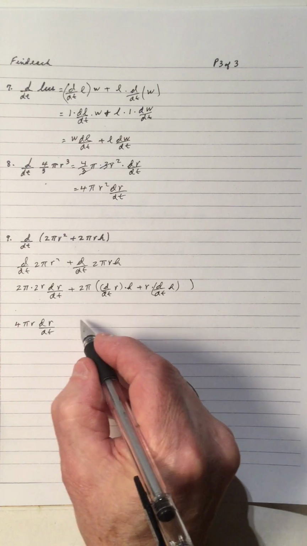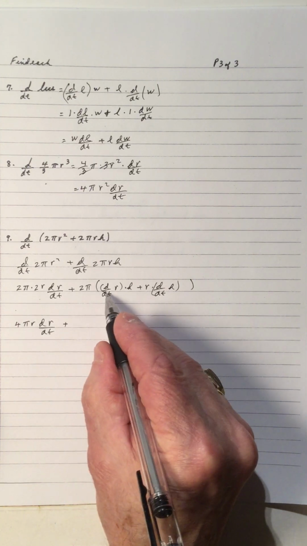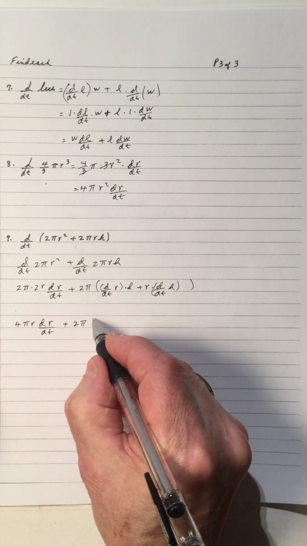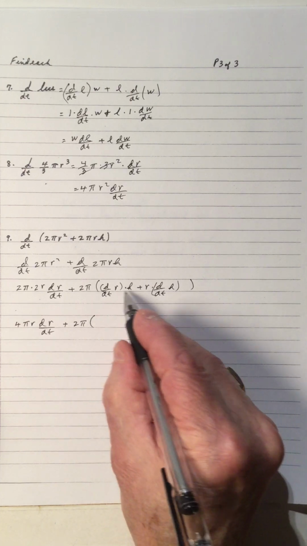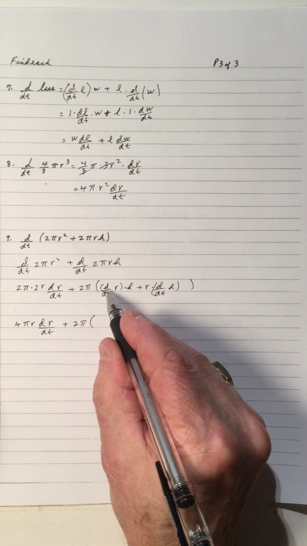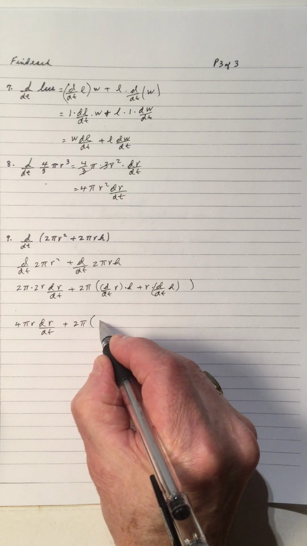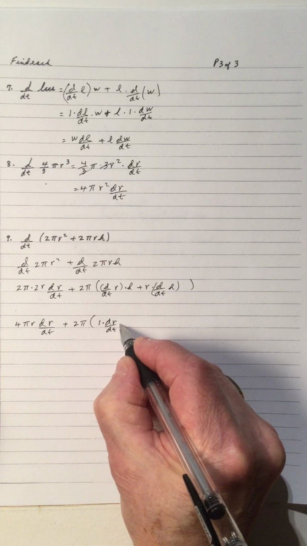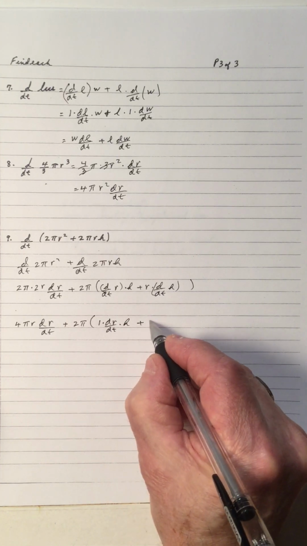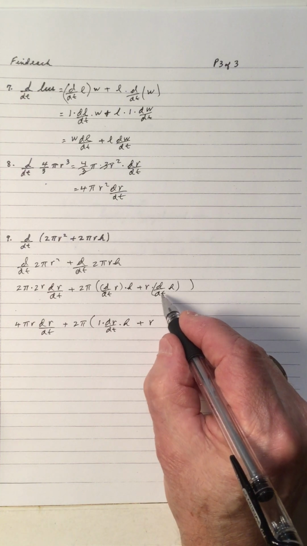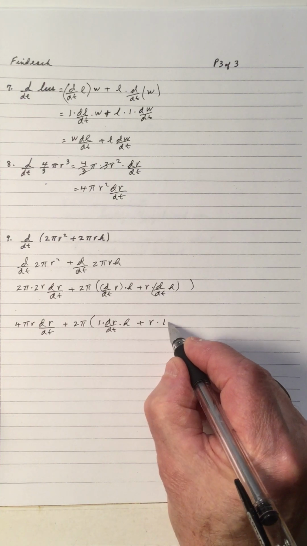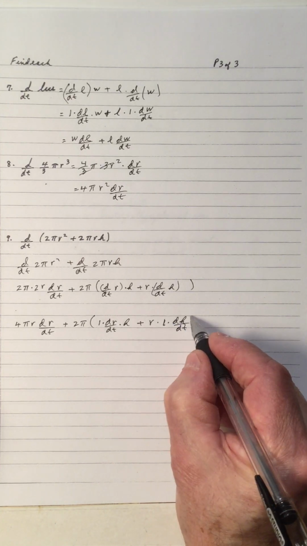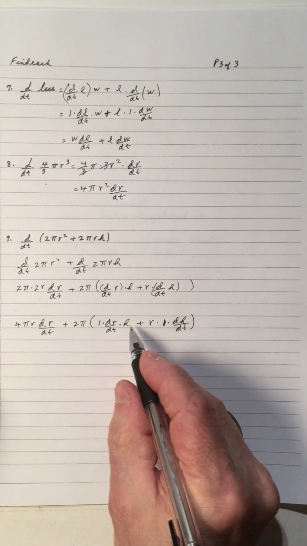Right here we have 2 pi, and the derivative of r in terms of t is dr/dt, times the h, plus r times the derivative of h in terms of t, which is dh/dt. So that's the derivative of the product.